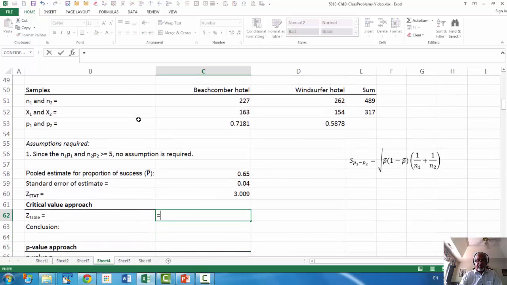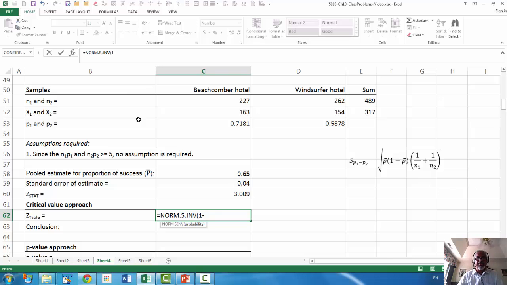And for the z table value, NORM.S.INV, we need to provide the cumulative probability. If you want the positive value for z on the right side, the top tail area is alpha over 2, so the cumulative probability is 1 minus alpha over 2.